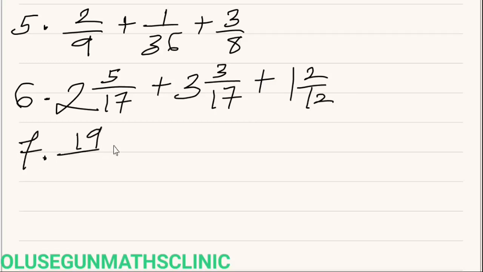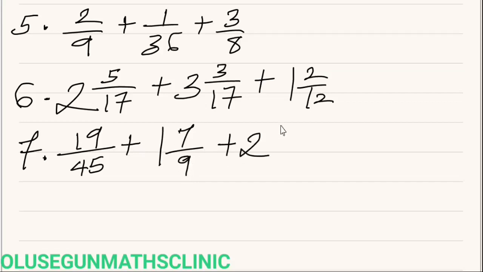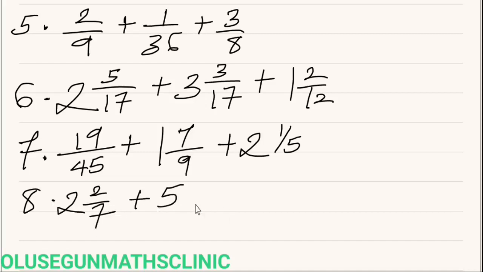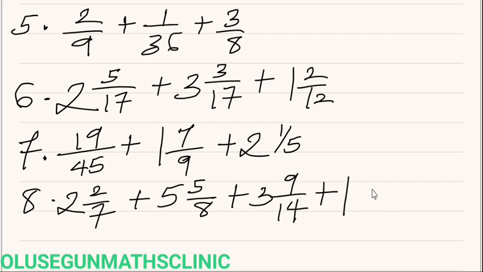Then 7, 19 over 45 plus 1 whole number 7 over 9 plus 2 whole number 1 over 5. Then 8: we have 2 whole number 2 over 7 plus 5 whole number 5 over 8 plus 3 whole number 9 over 14 plus 1 whole number 1 over 4.